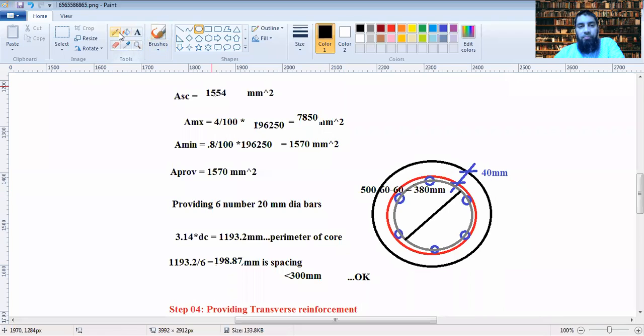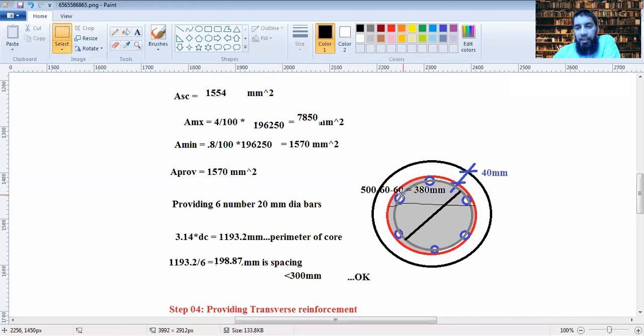This one. This is the core. Right from here up till here, you have the core. This all is core here, even this portion is included in the core, and all this portion. The core is within the red line, within the ring.